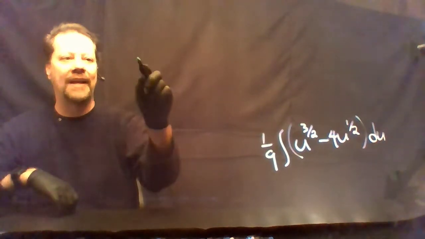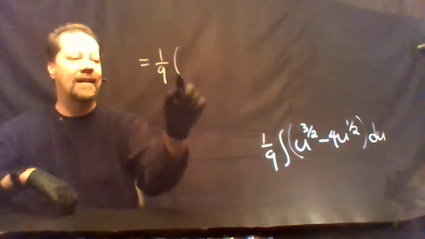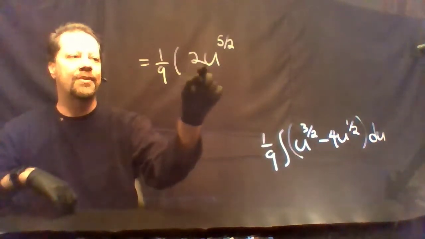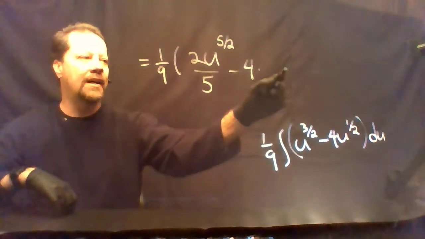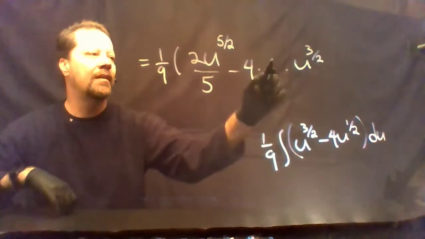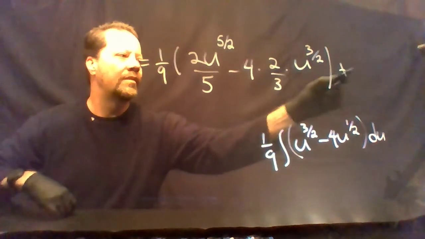Calculating the integral now using the power rule for antiderivatives. We have 1/9 u to the 5/2 times 2/5 minus 4 times, here we'll have u to the 3/2 times 2/3 plus c.